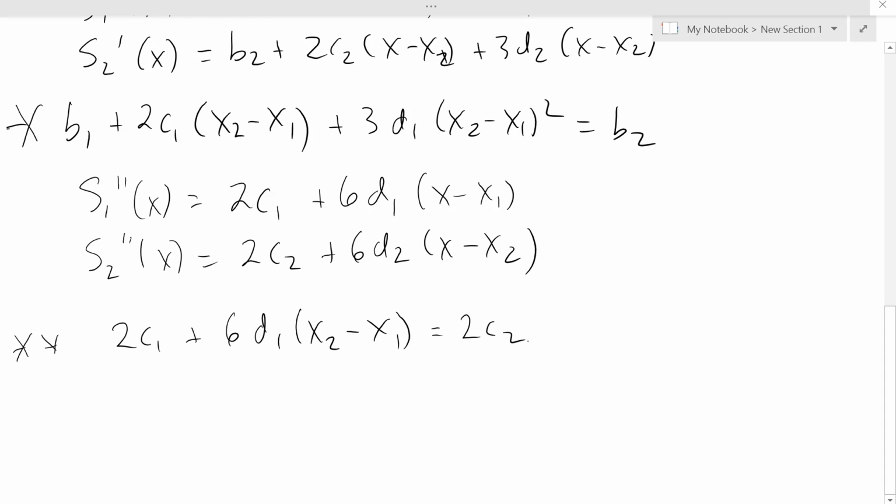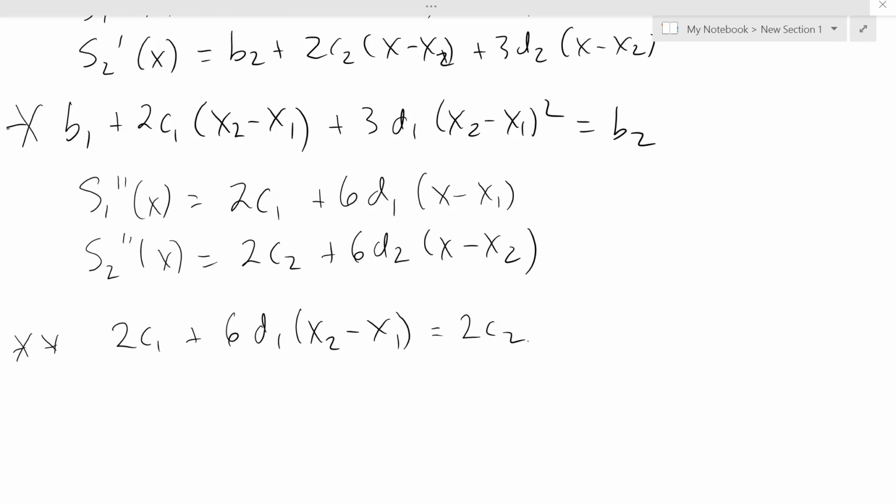Now notice, remember our goal is to try to figure out the C's and then build back and get the B's and the D's, right? But I haven't figured out the C's yet. We'll talk about how we figure out the C's in a minute. But notice if I know the C's, I can figure out D1, right?